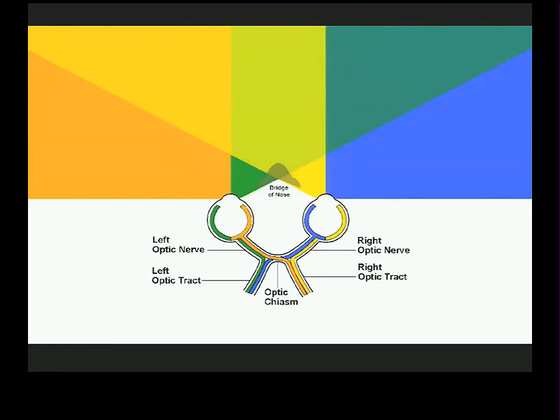As a result, if you look at your left optic tract, which has the temporal hemiretina of the left eye and the nasal hemiretina of the right eye, it's carrying information from all the green and blue stuff, which is the right visual field of this person. And if you looked at the right optic tract, it is carrying all the information from the orange and yellow stuff, which is the left visual field of this person. So each optic tract carries the contralateral information from the contralateral visual field of an individual.